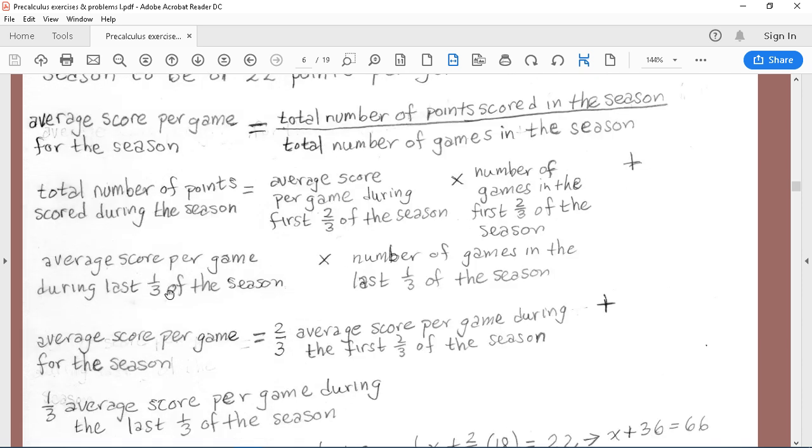Okay, then putting this up here, we have that our average score per game for the season will be equal to the average score per game during the first 2/3 of the season times the number of games in the first 2/3 of the season over the total number of games in the season. Now that ratio of the number of games in the first 2/3 of the season over the total number of games in the season is nothing else than 2/3.